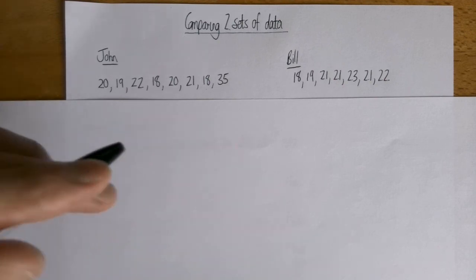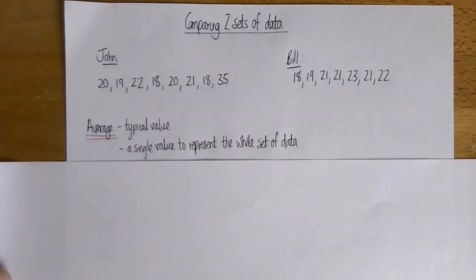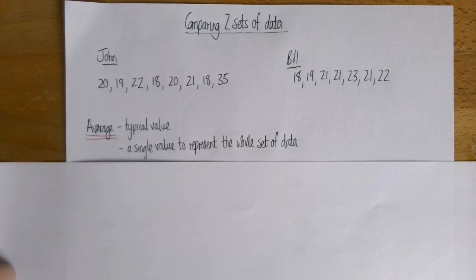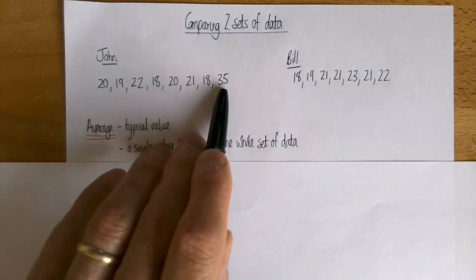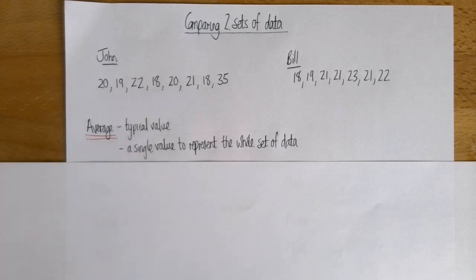And what we're going to do is compare them, and we're going to compare them in two ways. We're going to firstly look at the average time for each of the two students. Now, you've met averages before. An average is a typical value in a set of data. An average tries to take a set of data, like John's numbers here, and represent it with a single value.